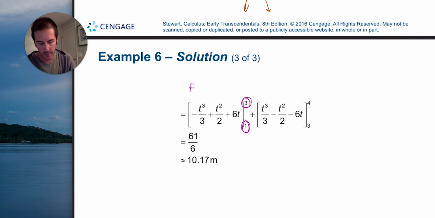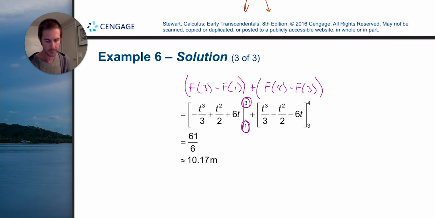So we've got to do capital F of 3 minus capital F of 1, to use the notation that we've been using for quite some time now, plus, and really we could be doing it this way, just in case this were a minus sign in here, it would be important to enclose this in parentheses, and here we've got F of 4 minus F of 3.